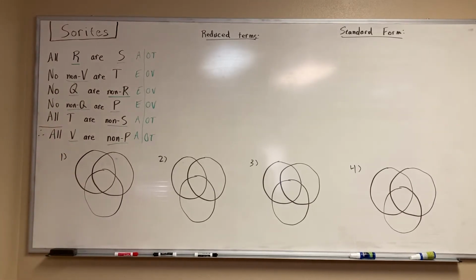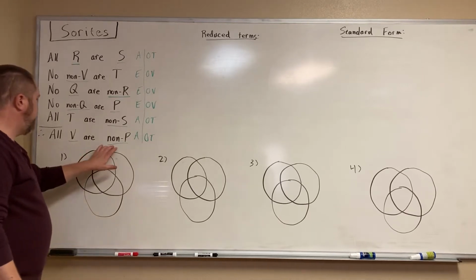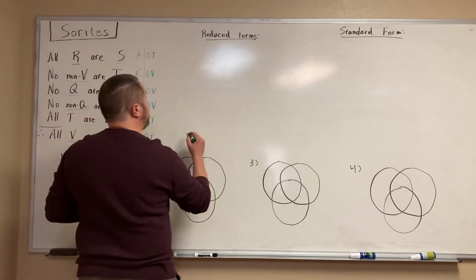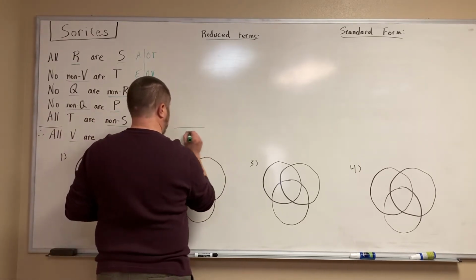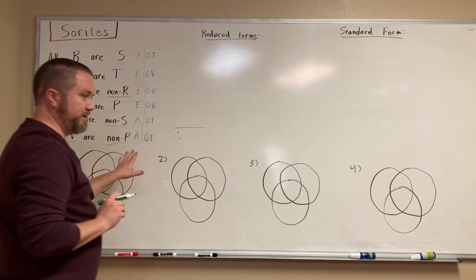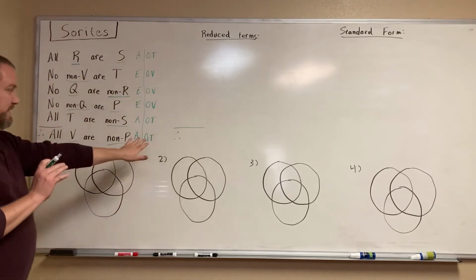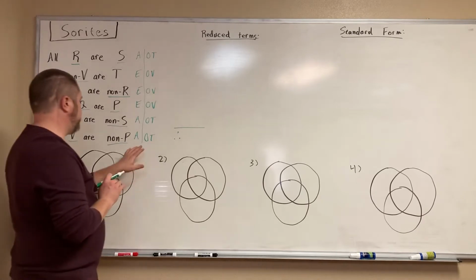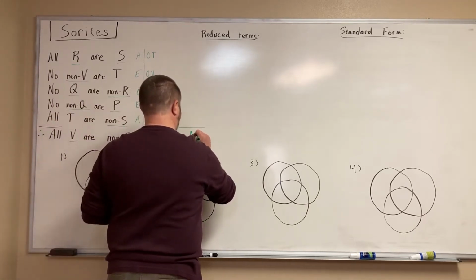So let's just start with a couple things here. All V are non-P. Let's try out an obversion there. So carry it over. Your conclusion is always going to stay the same, or stay in the same place. It's the conclusion throughout. So let's do obversion on that.